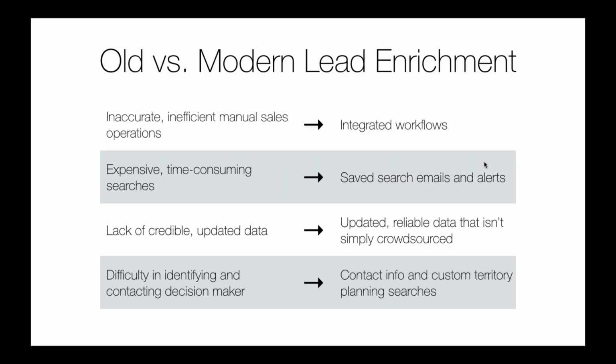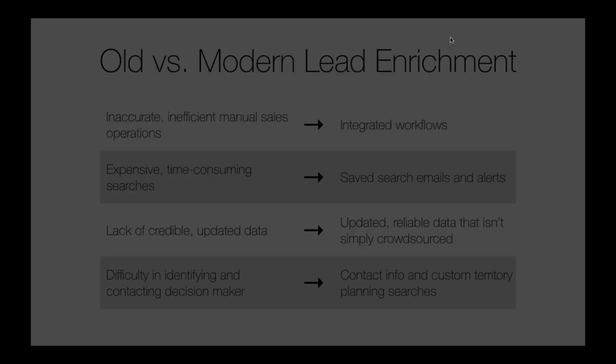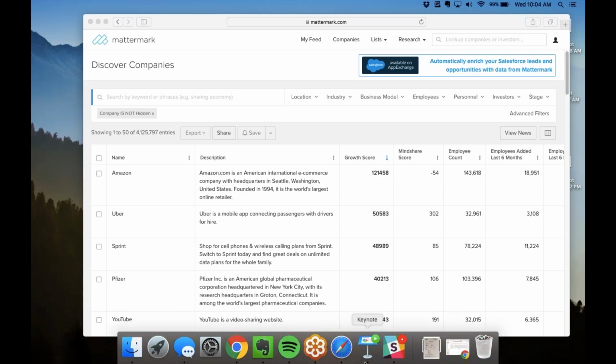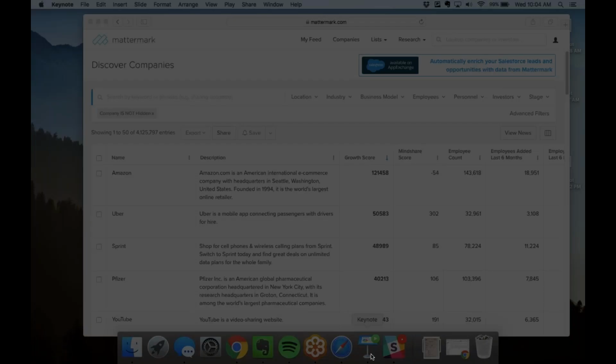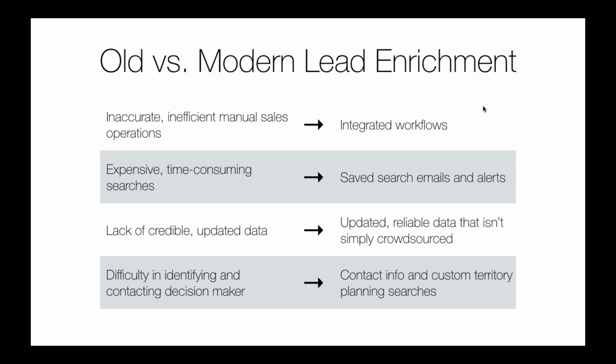First, I'd like to go over the old model of lead gen versus today's automated models. The reason Mattermark exists is to remedy some of the inefficiencies that are involved with lead enrichment today. In the old model, everything was very inaccurate, inefficient, with a lot of manual workflows.